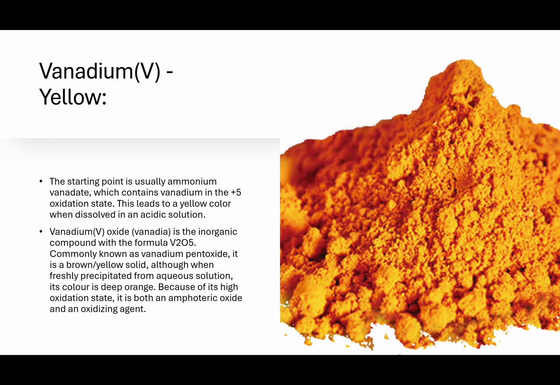A question that asks you for every single color of the vanadium ions is on the 2021 paper, so it is something the syllabus asks for. Vanadium plus 5 tends to be this yellowish color, and we have two compounds, ammonium vanadate and vanadium oxide, that possess this plus 5 oxidation state.